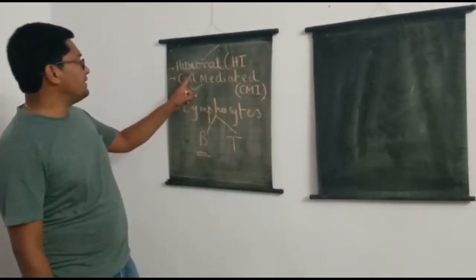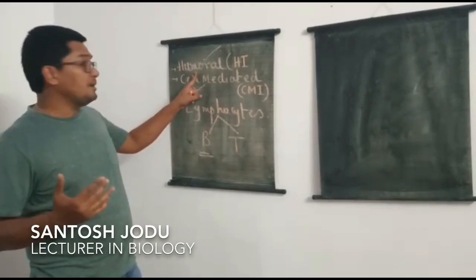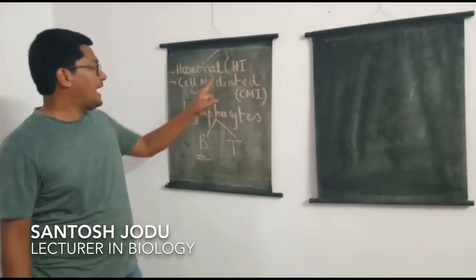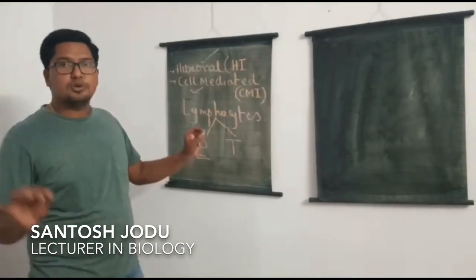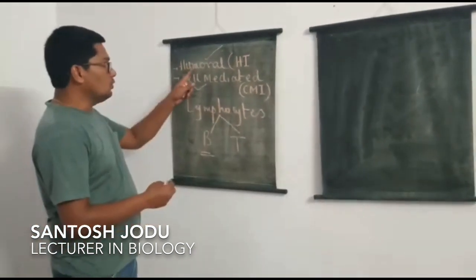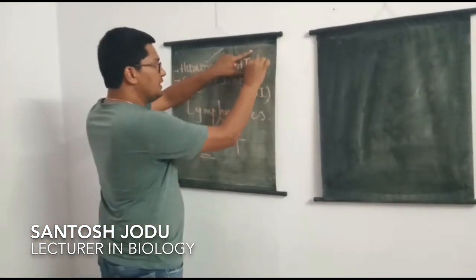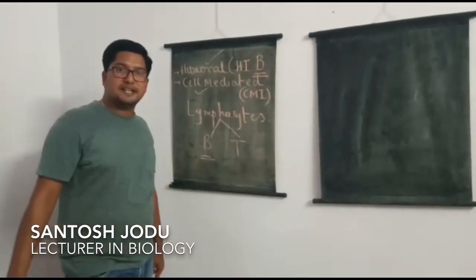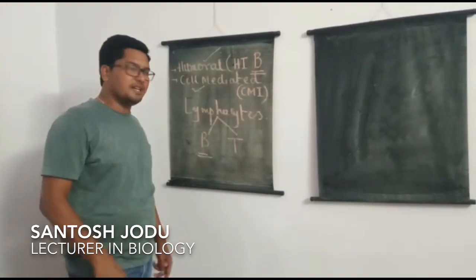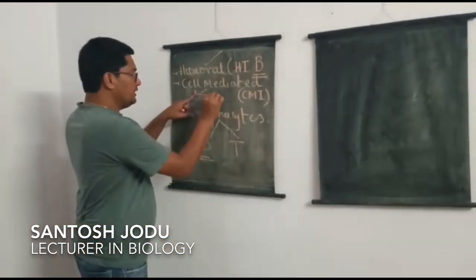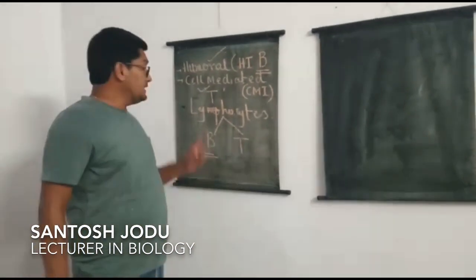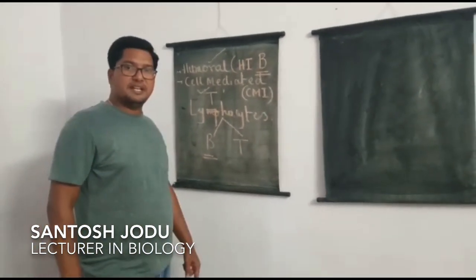So as I was telling you, basically immunity can be of 2 types, that is humoral immunity and cell-mediated immunity. So broadly speaking, humoral immunity is offered by which type of lymphocytes? B lymphocytes. So B lymphocytes offer us humoral immunity, and which type of cells offer us cell-mediated immunity? That is T lymphocytes offer us cell-mediated immunity.